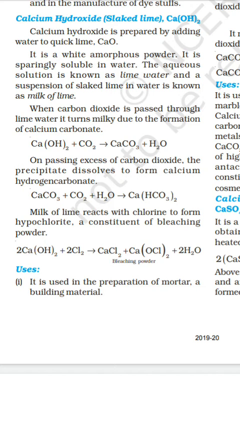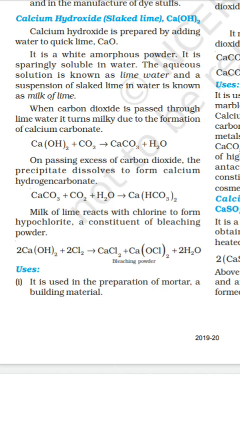Milk of lime reacts with chlorine to form hypochlorite, a constituent of bleaching powder. 2Ca(OH)2 plus 2Cl2 to form CaCl2 plus Ca(OCl)2, bleaching powder, plus 2H2O. Its uses.